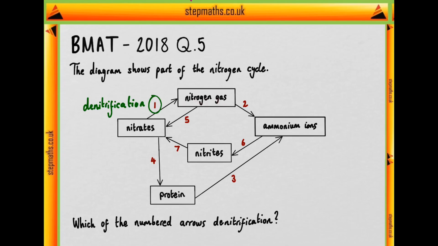So let's start with the top of the diagram, which is nitrogen gas, which is converted into ammonium and nitrates. Now you should be able to identify this process as nitrogen fixation.